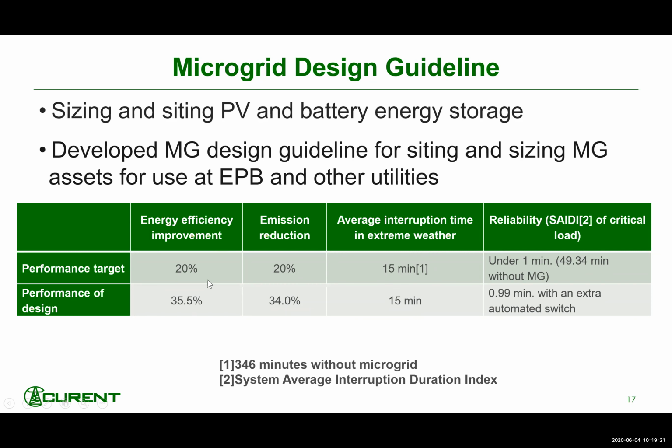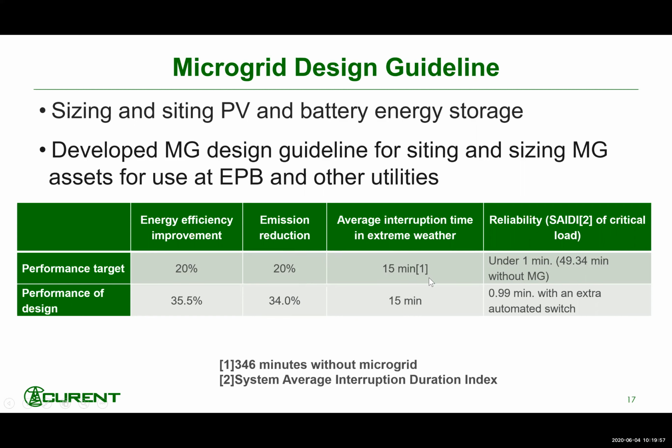For example, energy efficiency improvement: our target is 20%, and based on paper design, we can reach 35%. And emission reduction: the design target for greenhouse gas reduction is 20%, but we can reach about 34%.